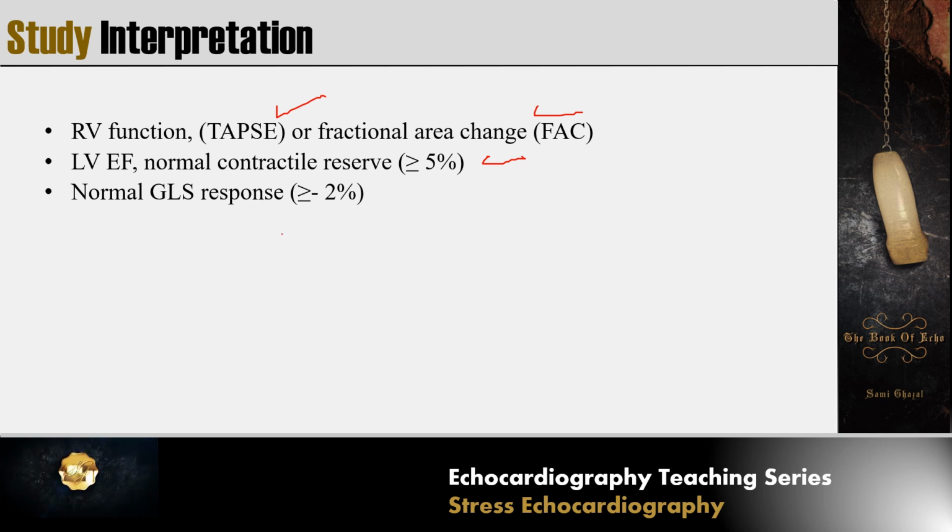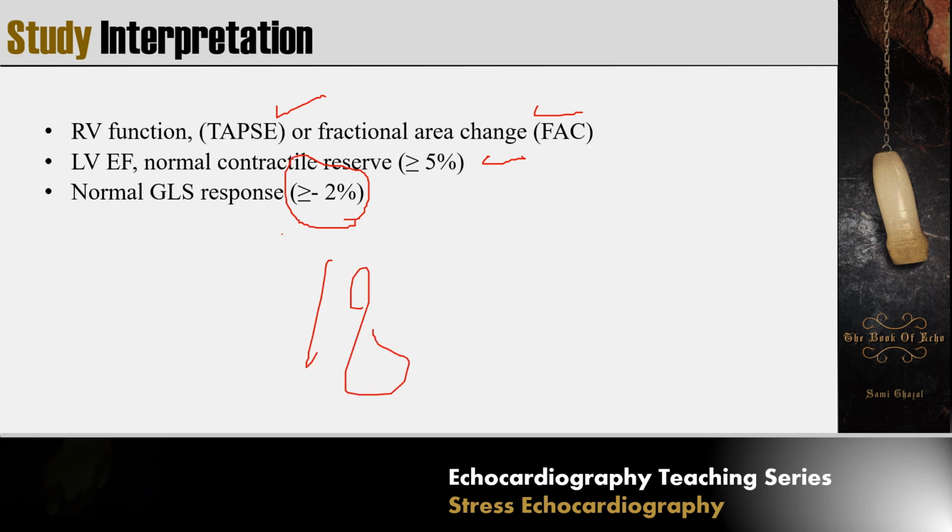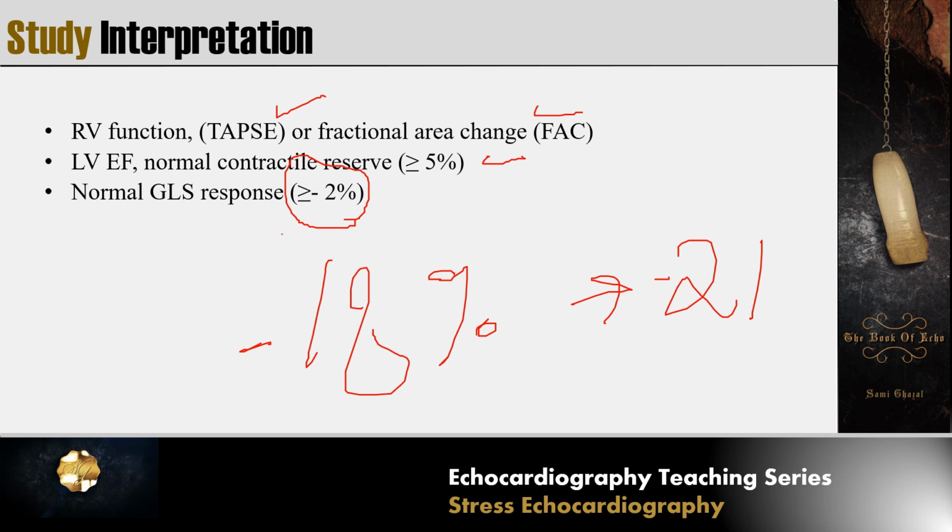Similarly, we have a normal GLS, which is an increase of more than minus 2%. So for example, if baseline is minus 18%, during exercise it became maybe minus 21% in GLS. So this is a normal GLS response.